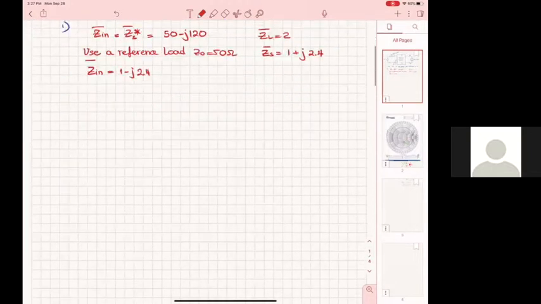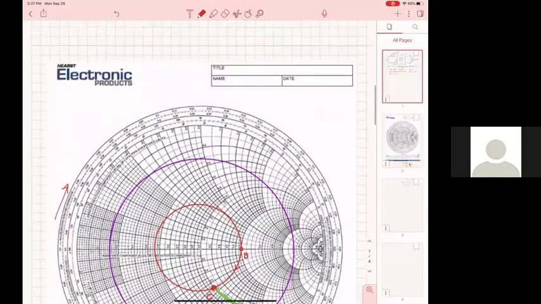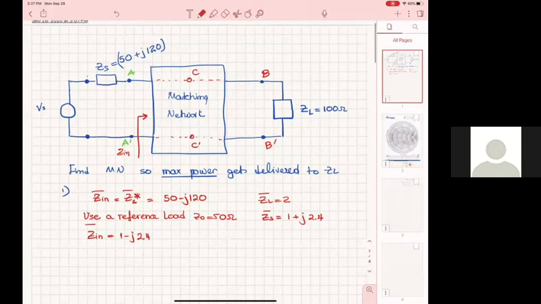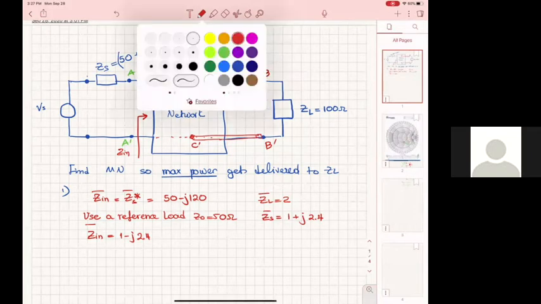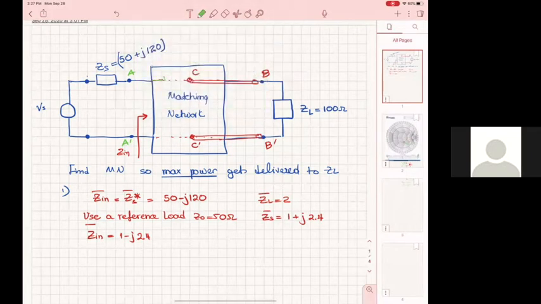Either I'm doing the first option where I move along a transmission line after the load. Okay, here. And then I put a series stub here that gives a capacitive load.